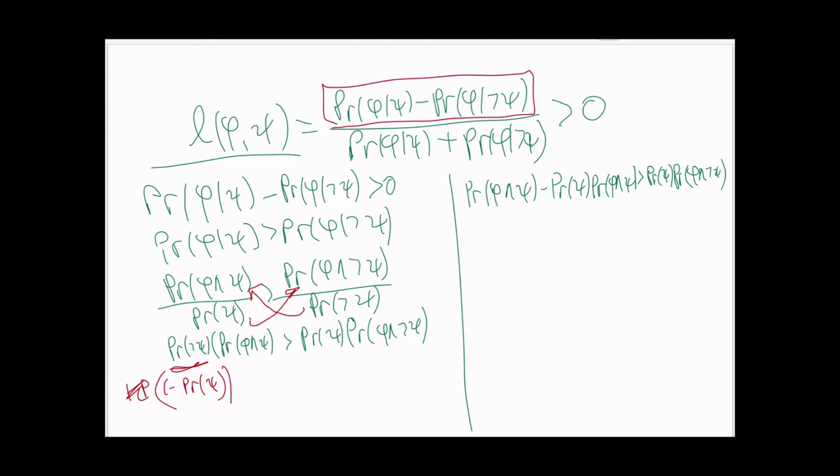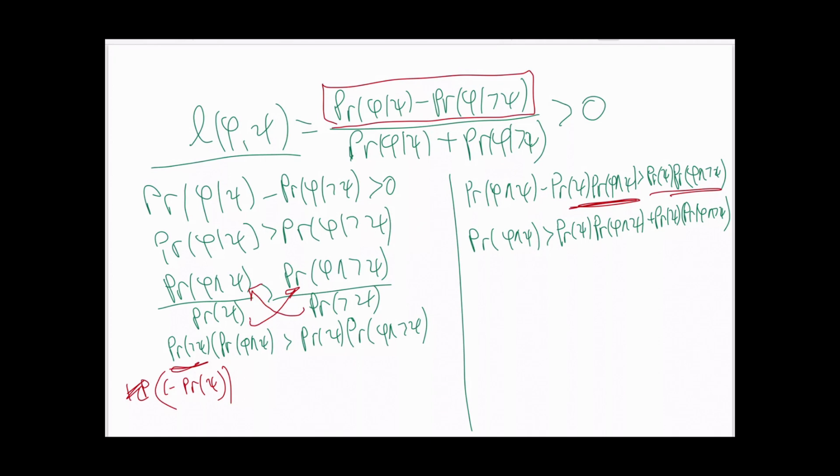Okay, now if we add this term to both sides, we get that the probability of phi and psi is greater than the probability of psi times the probability of phi and psi plus the probability of psi times the probability of phi and not psi.